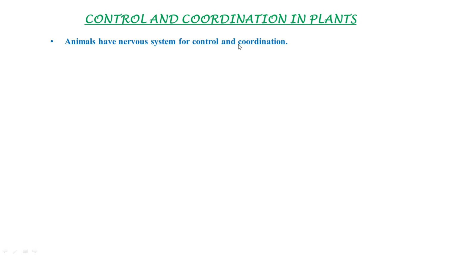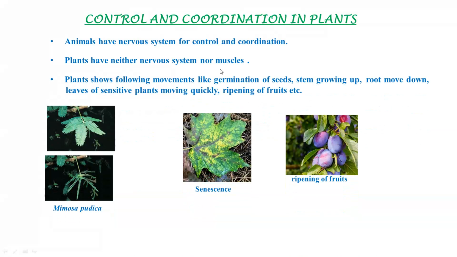Plants, like animals, need control and coordination, but plants have neither a nervous system nor muscles. Plants still show movements like germination of seeds, stems growing up, roots moving down, leaves of sensitive plants moving quickly, or ripening of fruits.